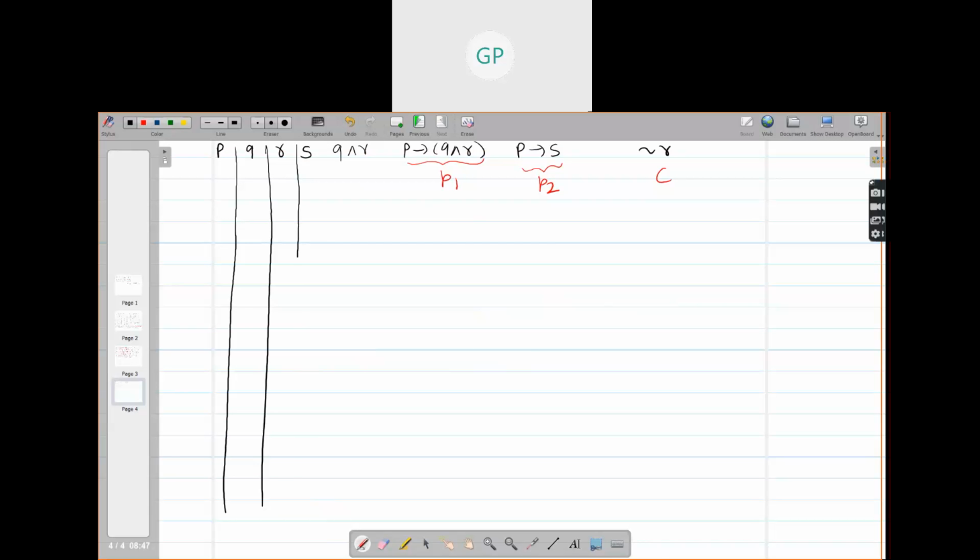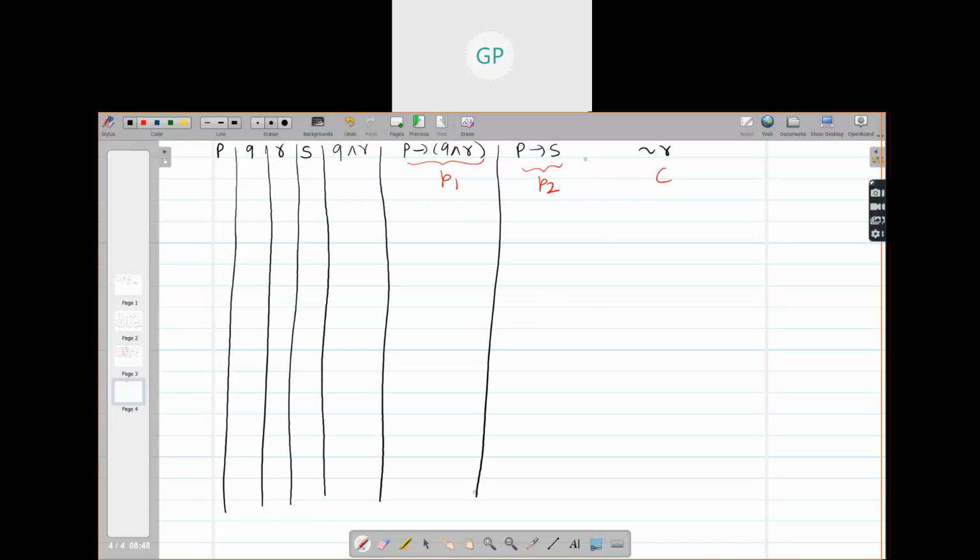Actually, there is a trick. Instead of 16 rows, you make only a few rows. But as we are doing the first problem using four propositions, let us not save our efforts. Let us do it.